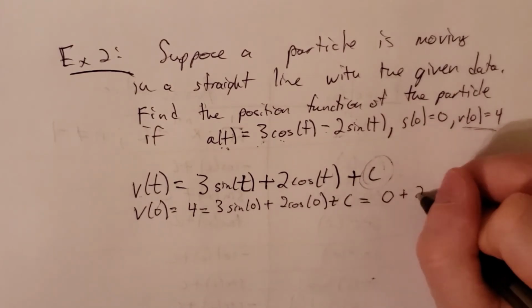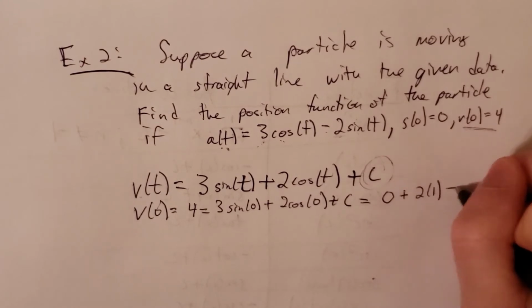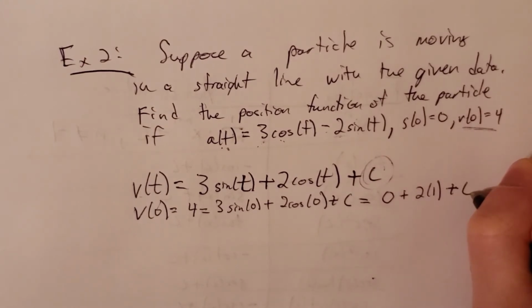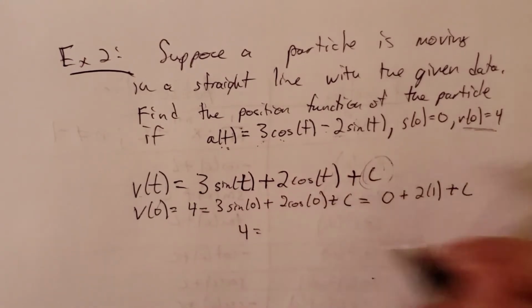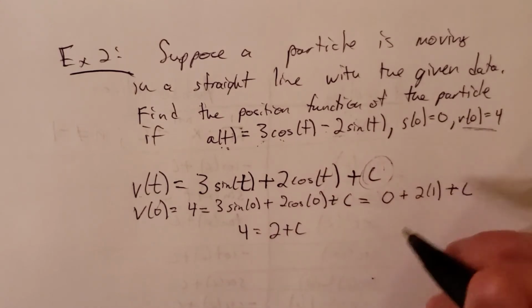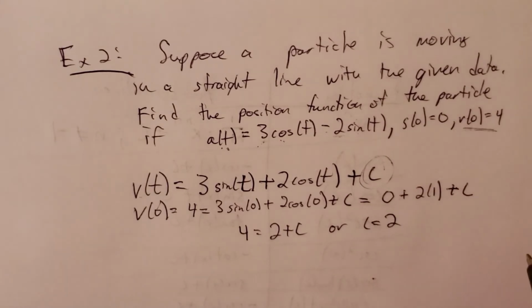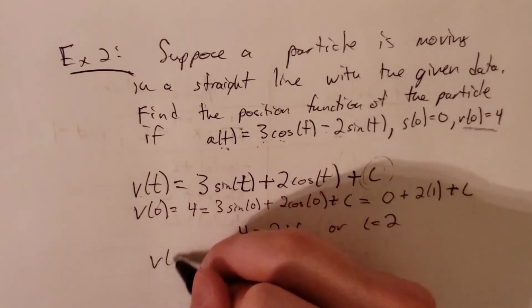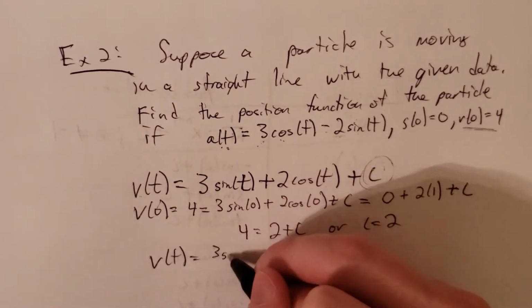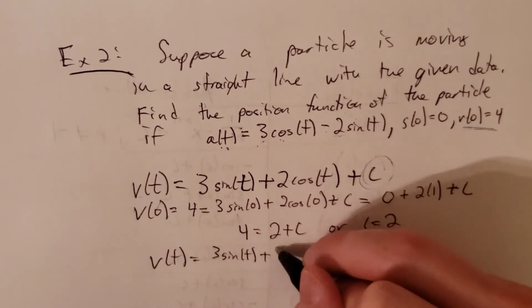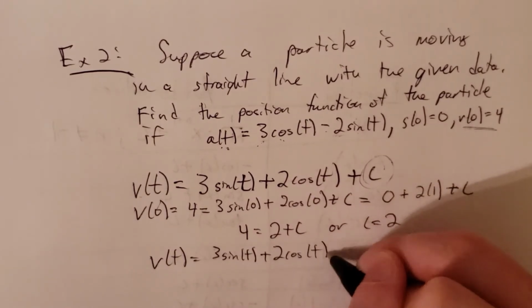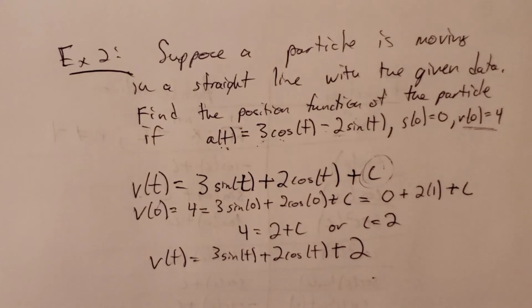Cosine of 0 is 1, so this is 2 times 1 plus c. So what we get here is 4 is equal to 2 plus c, or in other words, c is equal to 2. So really, v of t is 3 sine of t plus 2 cosine of t plus 2.